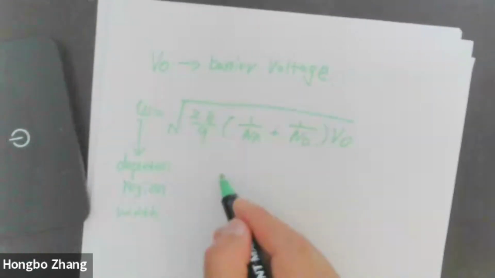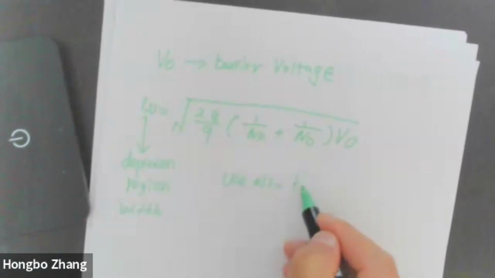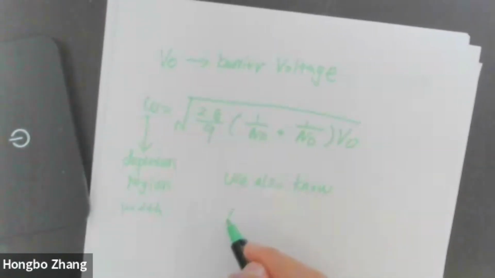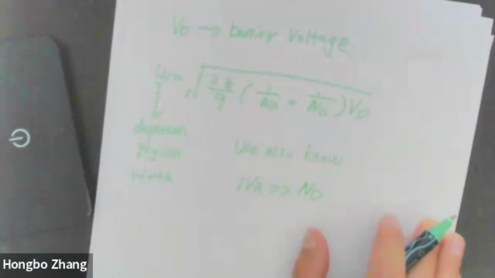We also know NA is far larger than ND. So you use this with the value of the electron permittivity and divide that by Q. It's the same assumption that we just made.